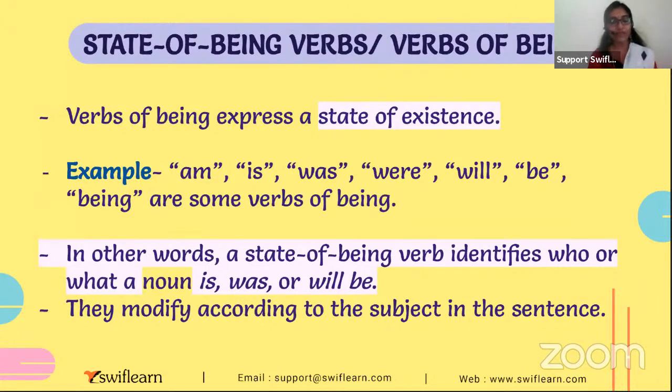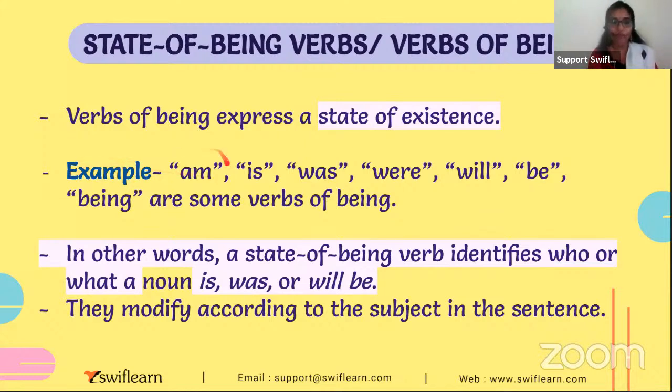The state of being verbs is otherwise called verbs of being. Verbs of being express a state of existence, when something exists. For example, I am Aishwarya. I exist here. In that example, am is the state of being because Aishwarya exists.